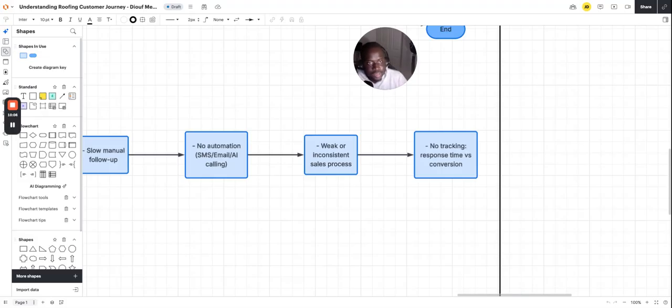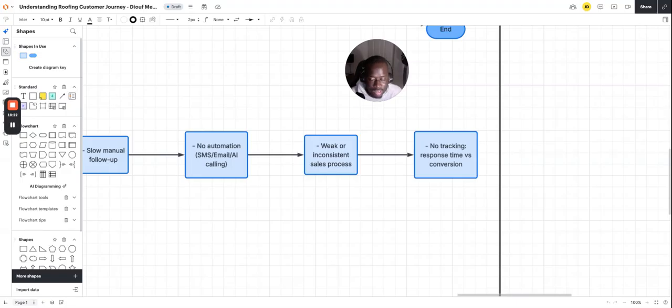That's crucial. And then another one is no tracking. If you're running ads, and they don't have tracking, they can't attribute where the lead came from, or which ad produced this lead coming into their business.